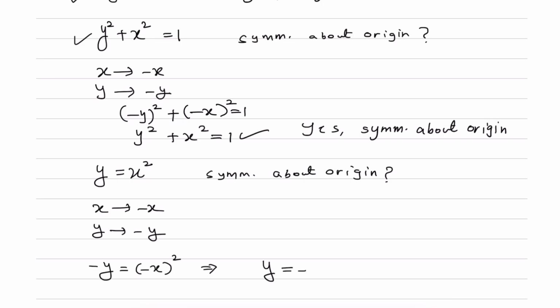So this minus goes on the other side and minus x whole square gives us just x square. So the original graph was y equal to x square, but now we got y equal to minus x square. So we got a different graph. So in this case we will say that no, the graph y equal to x square is not symmetric about origin.